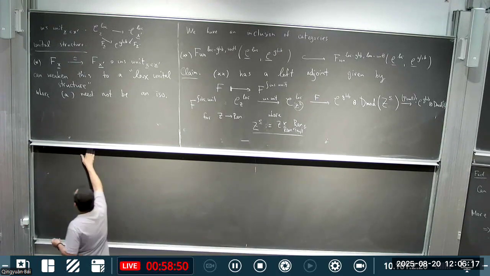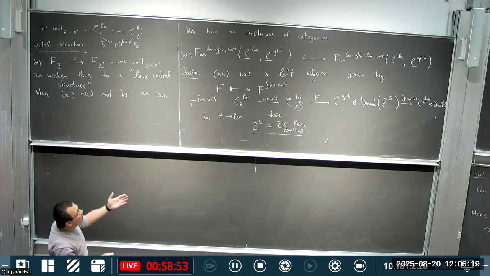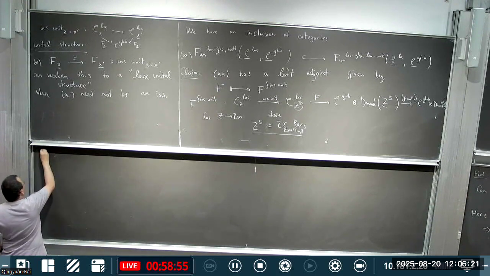So this is supposed to generalize the following example. That's a key example.